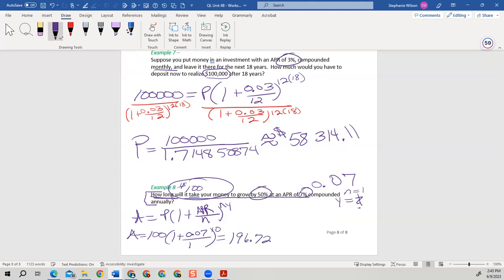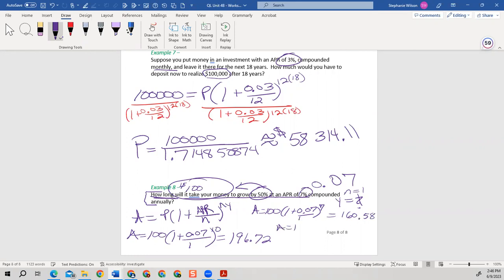Well, it asks to increase by 50% of what we deposit, not almost double, right? So let's try out 7 years. If I take 7 years, I get 160.58. Okay, we're getting close.